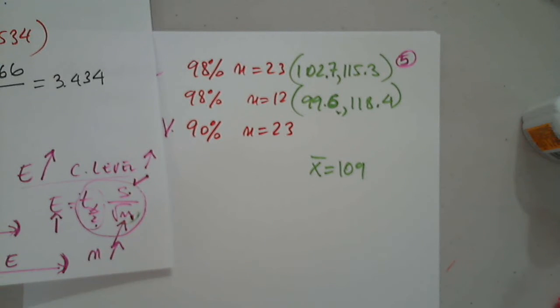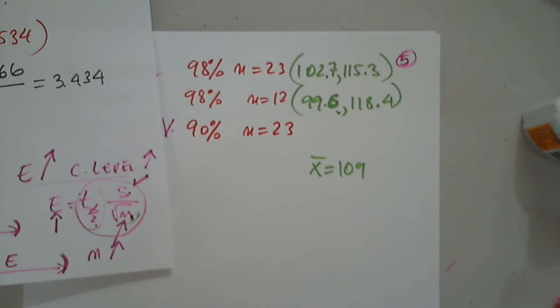True or false? False, of course. As the sample size decreases, the margin of error increases. That's it. Yes. It's the formula that tells us. We don't have to think twice about it.